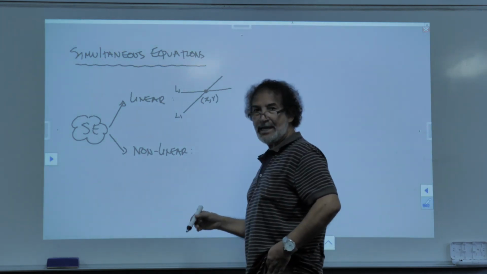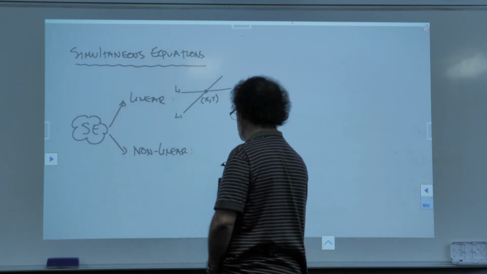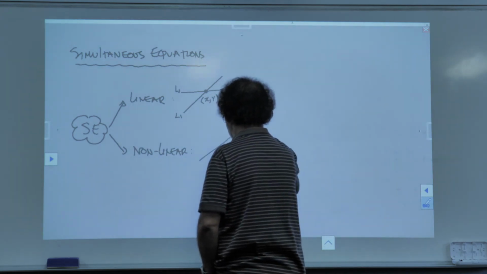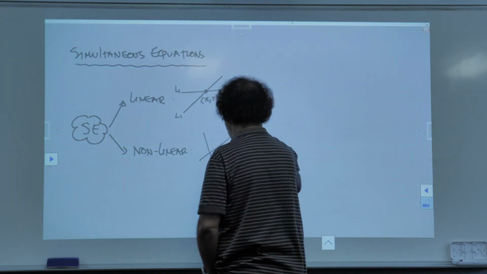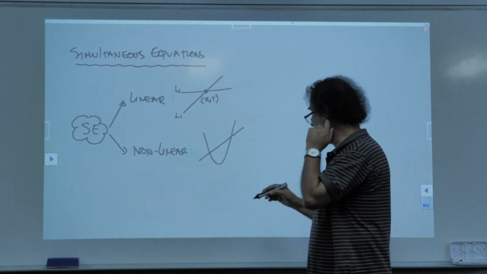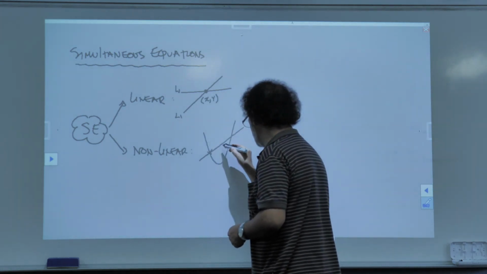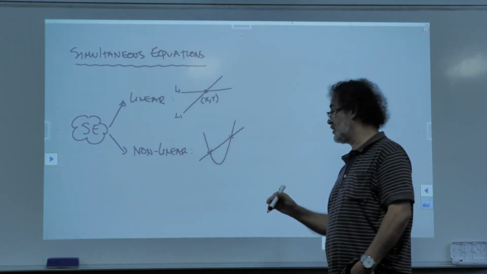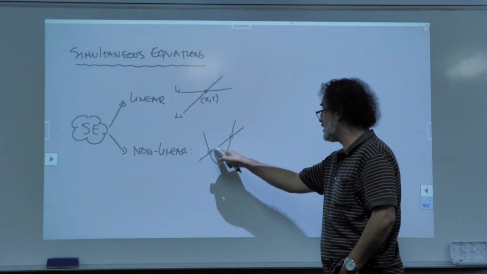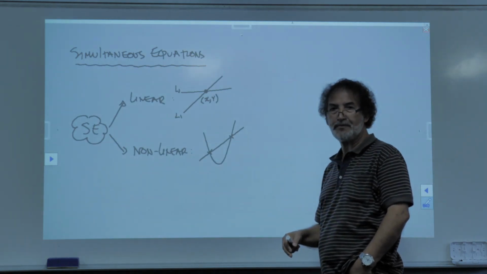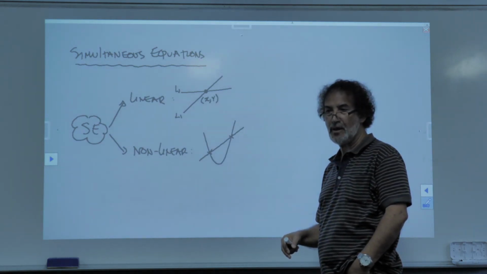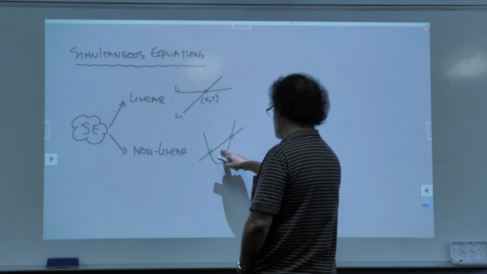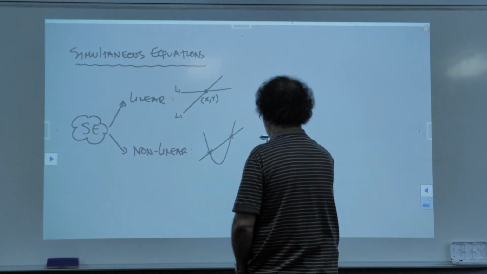When we say nonlinear, we're talking about things like this. Sometimes we're going to be intersecting a line with a parabola. I just mean that we're going to have 1 or 2 solutions sometimes. So we're going to be dealing with parabolas together with a straight line. When you have situations like this, we can have 2 solutions.